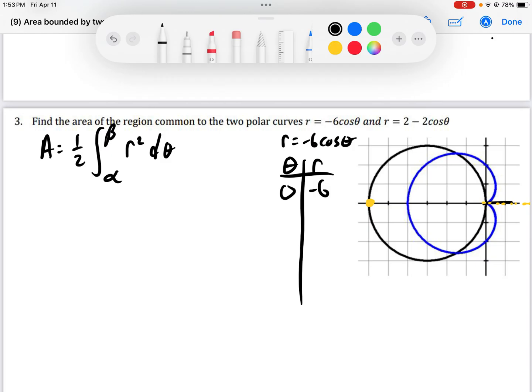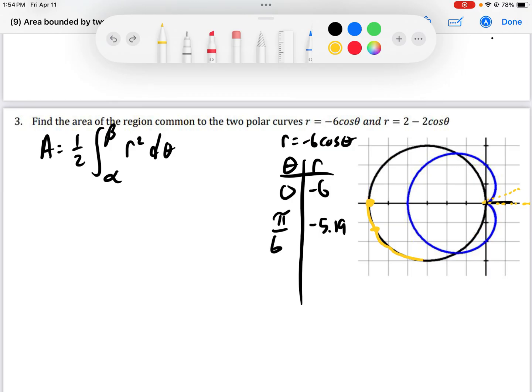What about when I get pi over 4? Or pi over 6? Let's do pi over 6. Cosine of pi over 6 is root 3 over 2 times negative 6. I get negative 5.29. So theta is pi over 6, and I get the point negative 5 point something. So it's over here. So the way this graph is going, it's doing this, right?